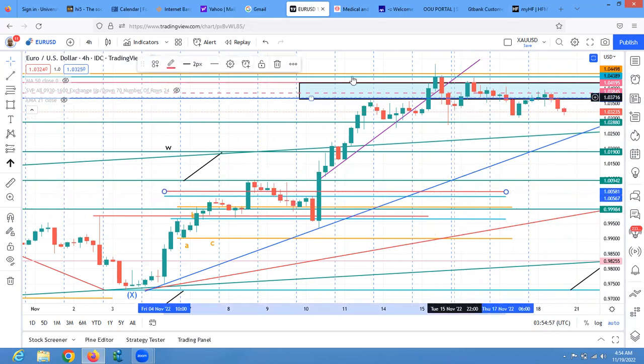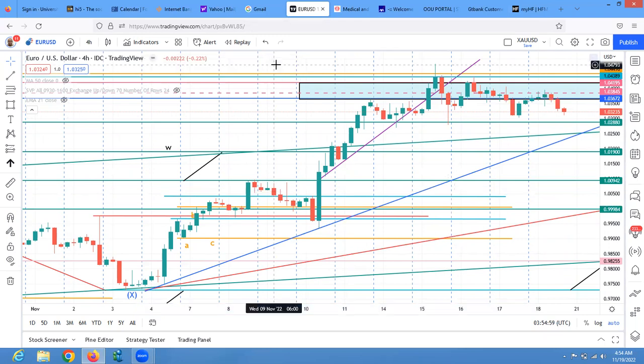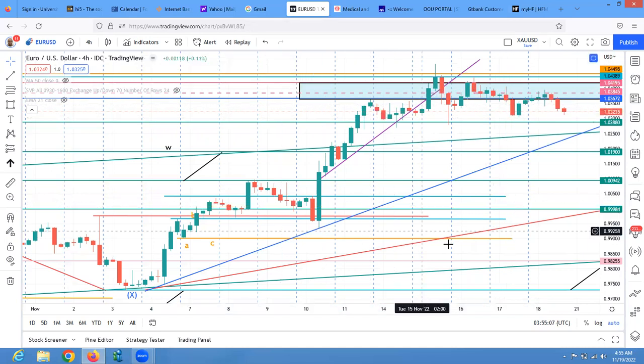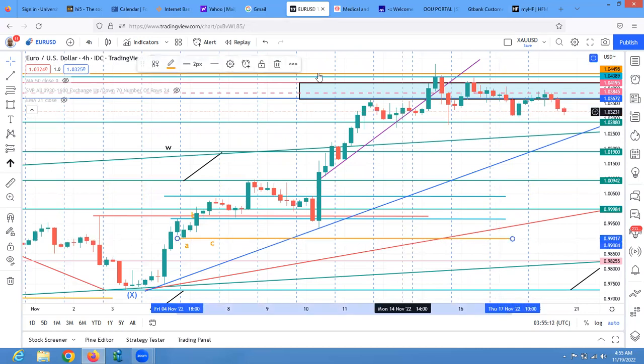I'm going to take some things out here for us to see very well. I'm trying to take all that out for us to see very well.